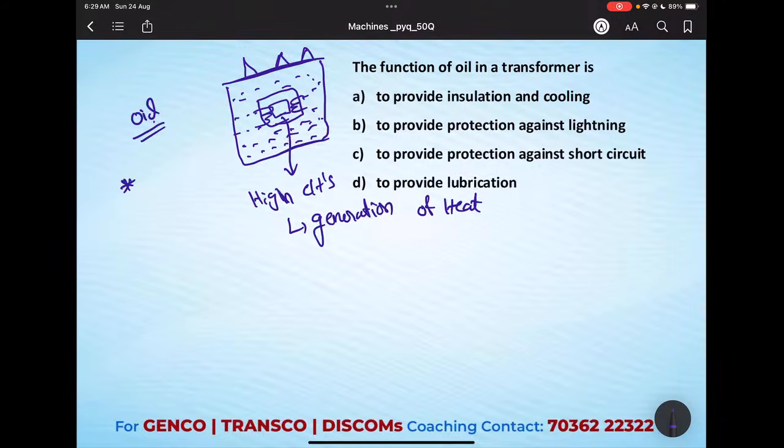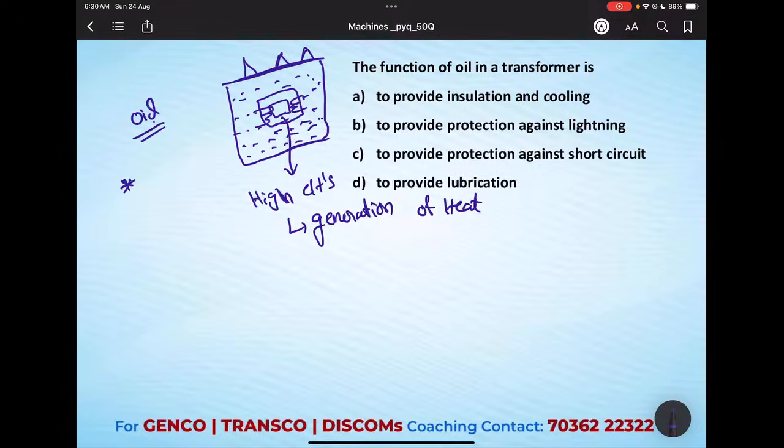This also might have been studied in your theory classes. The rating of the transformer is inversely related to the heat generation. If heat generation is more, the capacity rating is going to be reduced. So you need to handle the heat generation very effectively such that the efficiency of the transformer, that means the power transferring capacity, is not affected.